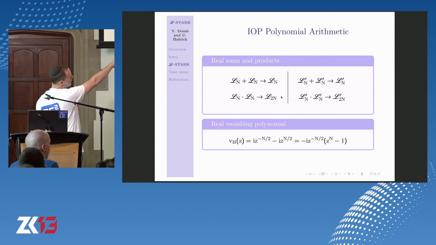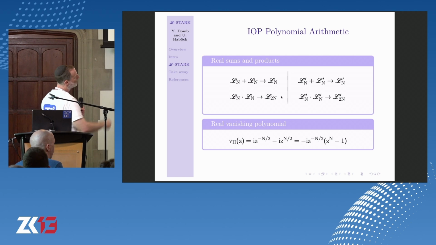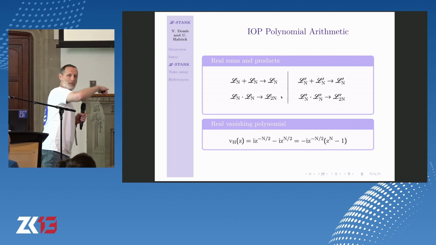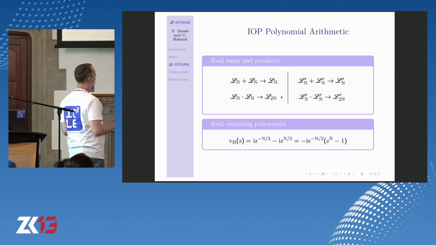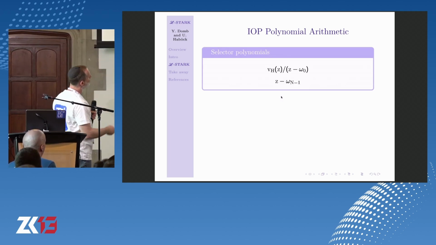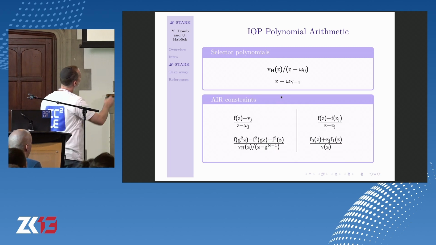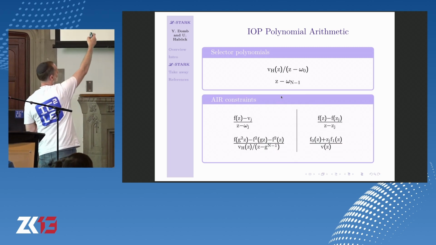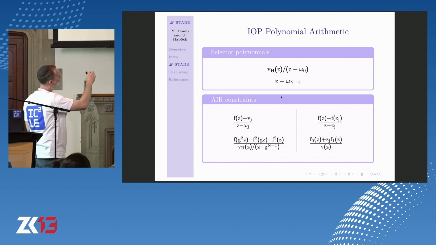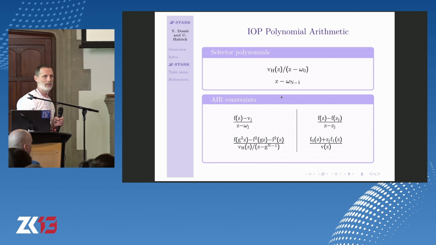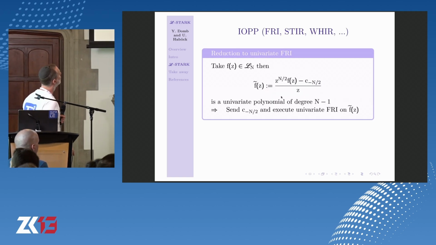And if you note, we also need to multiply it by, it's actually imaginary, so that it's actually in the n plus 1 space. It's not in the subspace. Selector polynomials are simple. All different types of error constraints, like single point ones, out of domain, it all works out of the box, the same as you're used to.